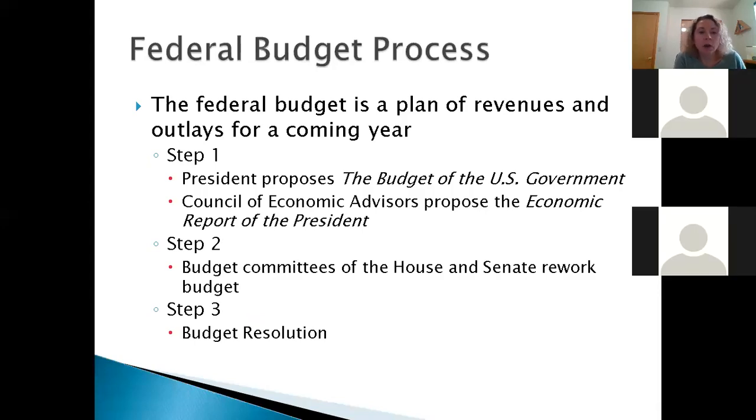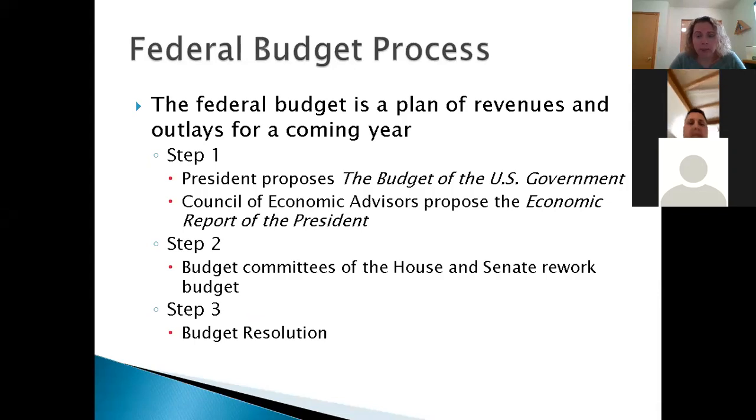Okay. So the federal budgeting process, it's like any budget. It's got revenues, the money coming in, and it's got the expenses or the outlays, the money going out. There's a process. There is a budget every year.